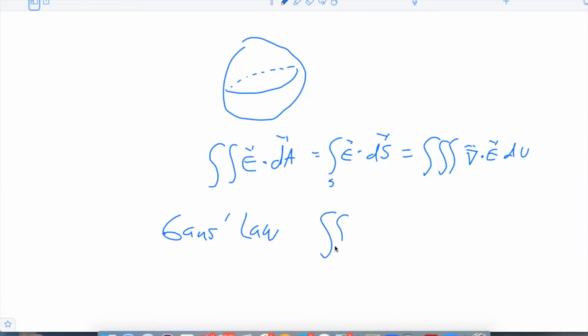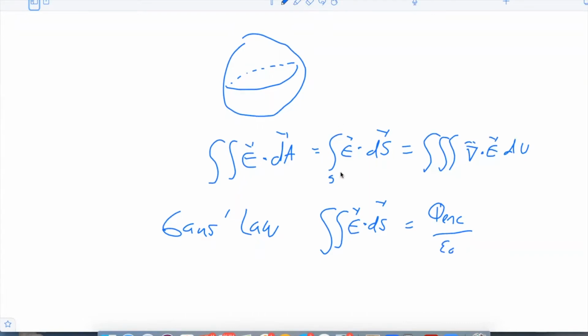The flux through a surface is equal to, if this is a closed orientable surface, the total charge that lives inside that boundary divided by epsilon naught. So it turns out, instead of doing really, really hard surface integrals, which are a nightmare, Gauss's law says you don't have to do it.